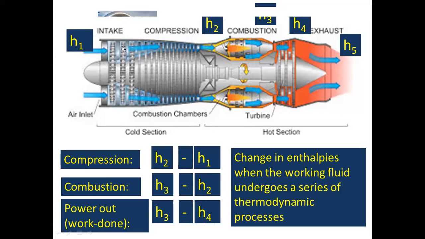But here, suction or intake is a separate component. That is part of the compression. So suction, then compression as a separate component, combustion separate, power through the turbine separate, exhaust. Even at the exhaust, there is a nozzle component. Okay, good.